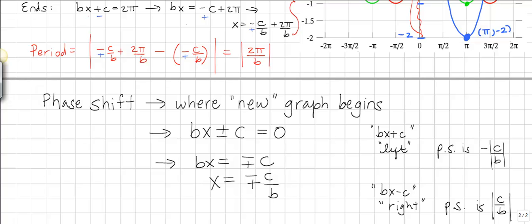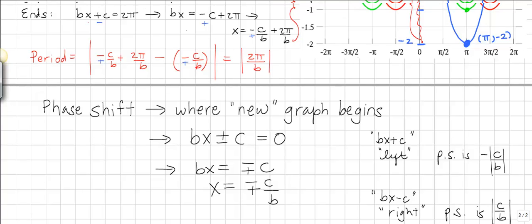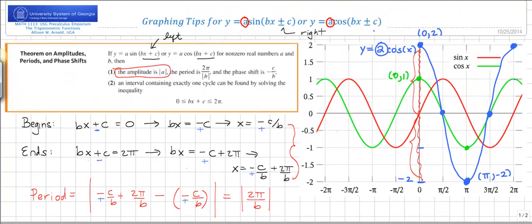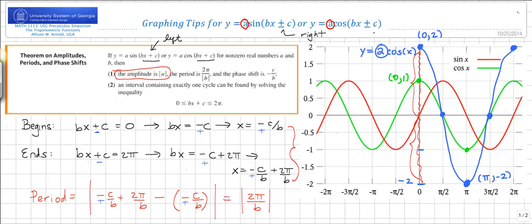But the bottom line is, and let's scroll back, the amplitude of sine or cosine, because they do hit highs and lows, is tied to the vertical stretch or compression. It is also max minus min divided by 2 in scenarios where you don't see a formula. The period of sine and the period of cosine is originally 2 pi.